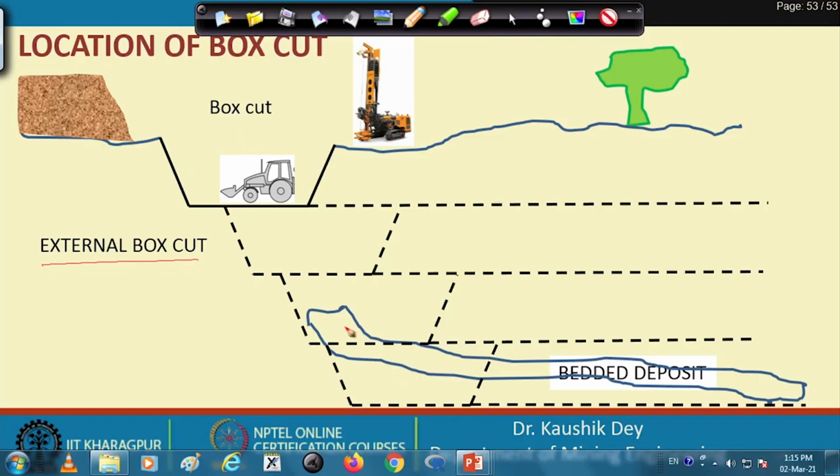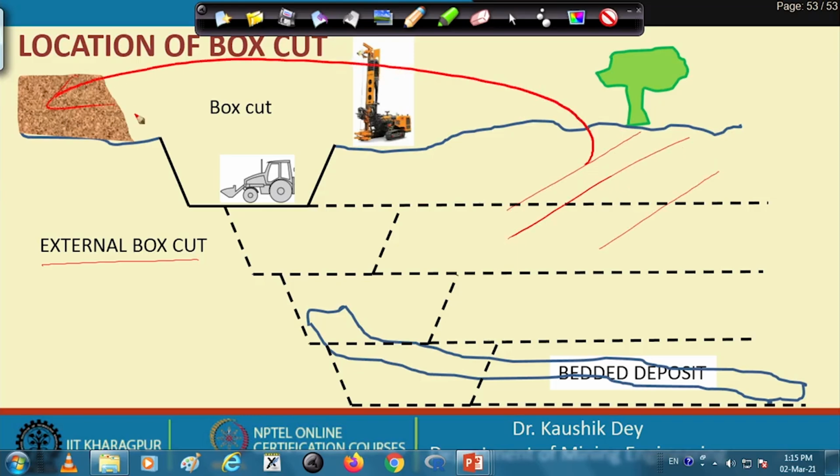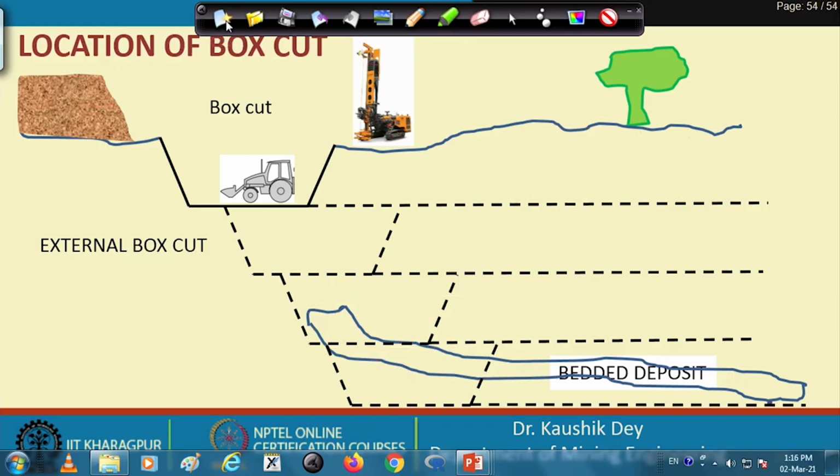The reason is that if our bedded deposit is like this, transporting all this overburden material and depositing it in some outside area requires huge land acquisition. To overcome this, we try to carry out mining from one side, and after this part is taken out, we may utilize this area. After taking it out, we can utilize this area for dumping of the overburden rock.